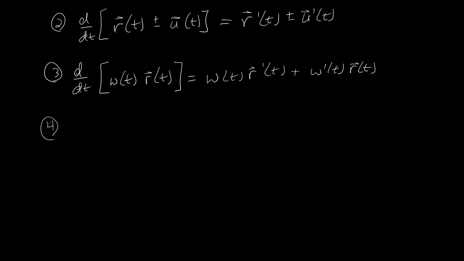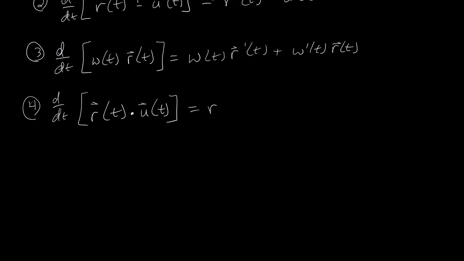Number 4, the derivative with respect to t of r of t dotted with u of t. Okay. That's going to be equal to, again, the product rule is going to pop up, r of t dotted with u prime of t plus r prime of t dotted with u of t. So once again, we see that product rule occurring here.